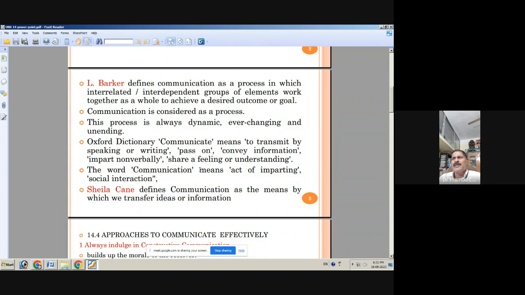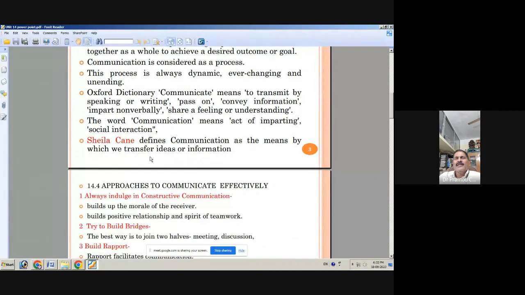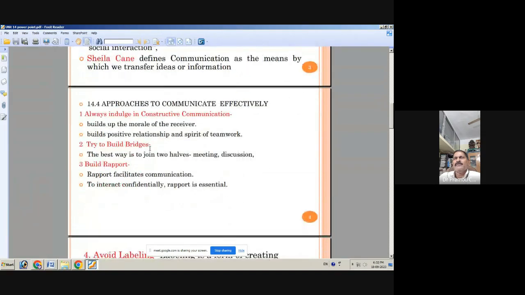So we can pass on a message, we can impart new knowledge, we can share our feelings. Communication means the act of imparting and how we interact in society. It is nothing but the transfer of ideas or information.